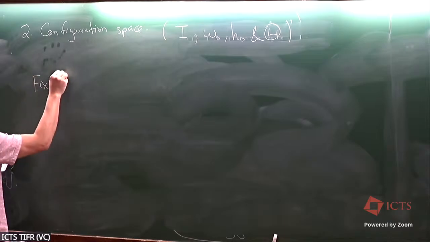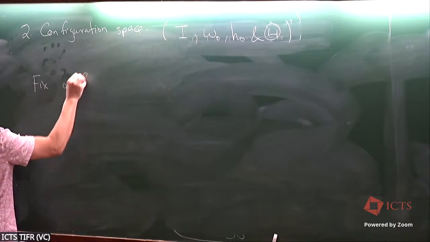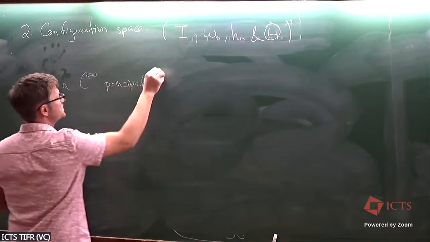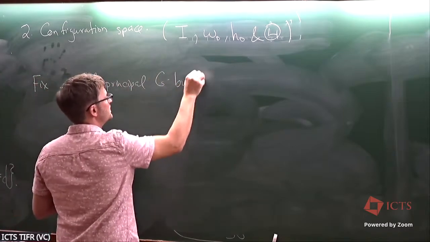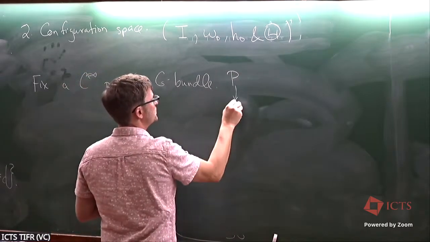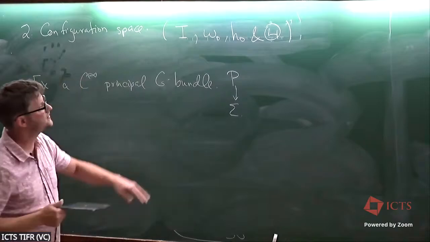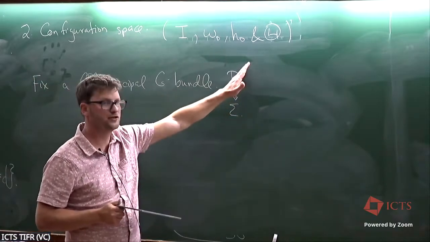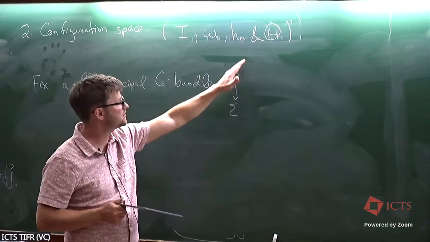So now let's fix a C infinity principal G bundle P over sigma. So this is some manifold. It has a free action of G on the right, such that the quotient is sigma.